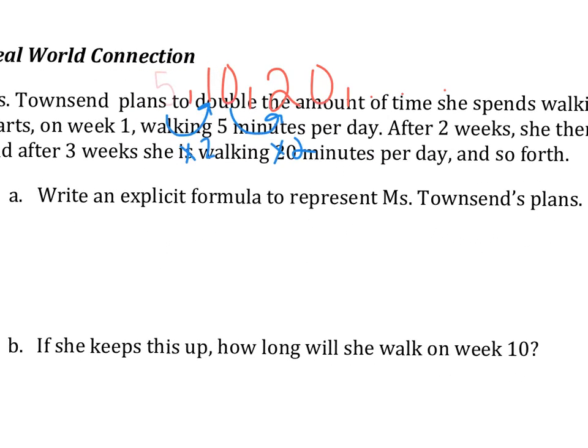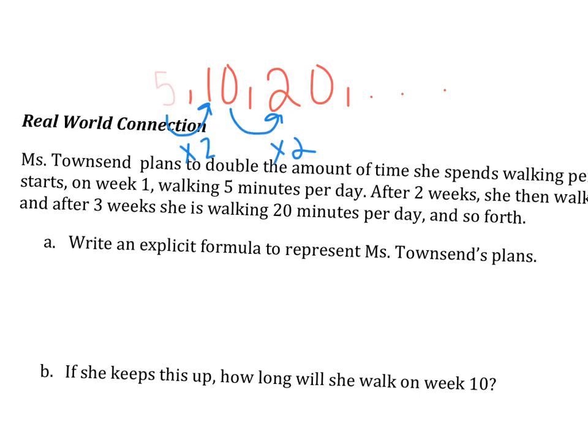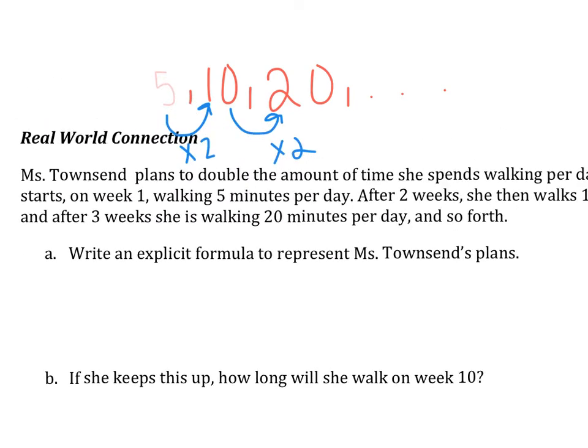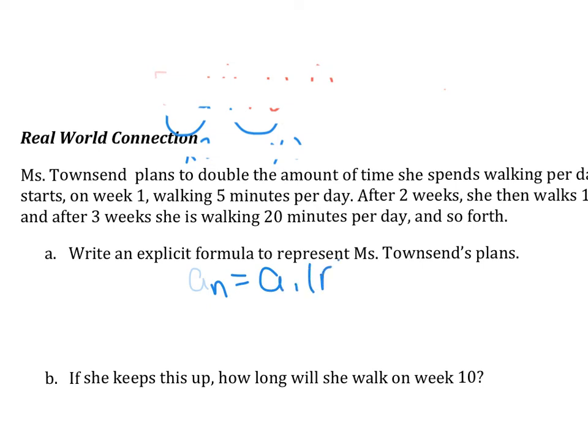So I'm going to zoom in so I can do some writing. I'm now going to erase all of this beautiful work, and we're going to write the formula. Remember, our explicit formula is a sub n equals a sub 1 times r to the n minus 1.